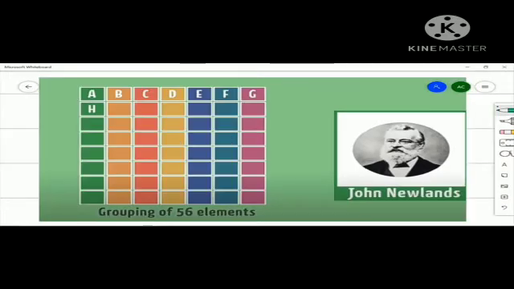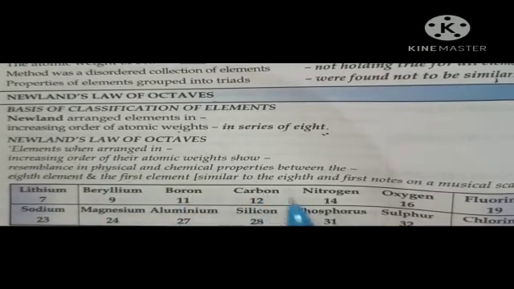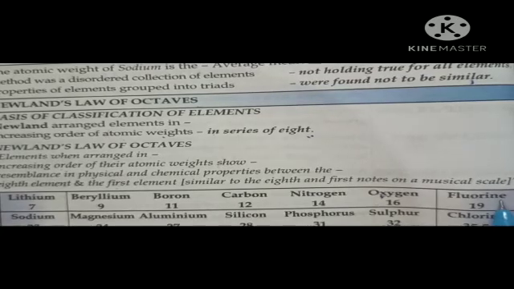Only 56 elements were known at that time. So he arranged these elements in the increasing order of atomic weights in series of 8, and the 8th element shows the resemblance in physical and chemical properties with the first element. It's just like a musical note. Just look at lithium, beryllium, boron, carbon, nitrogen, oxygen, and fluorine.